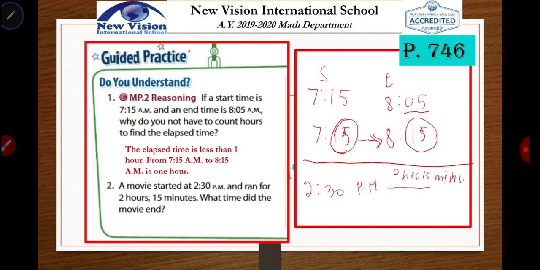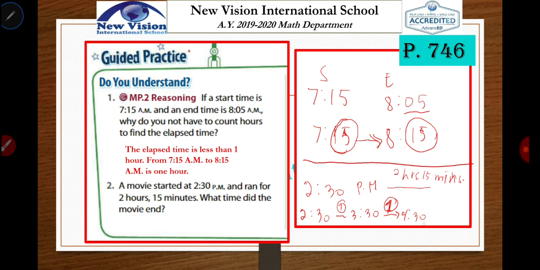What is your guess? Okay, so we have here from 2:30. What is 1 hour after 2:30? It's 3:30. So we're getting 1 hour for this one. Now, from 3:30 until 4:30, correct? That's another 1 hour. So we have now 2 hours. Now, we still have 15 minutes.